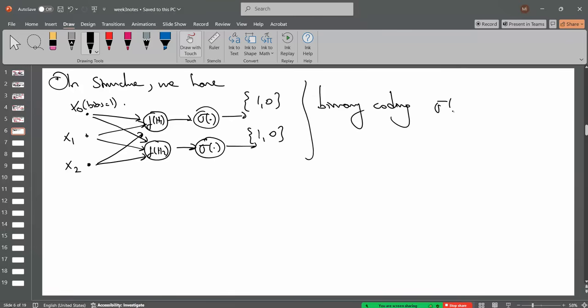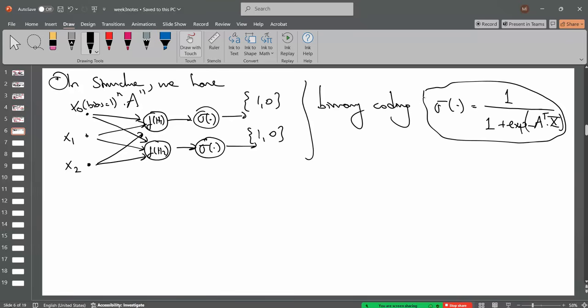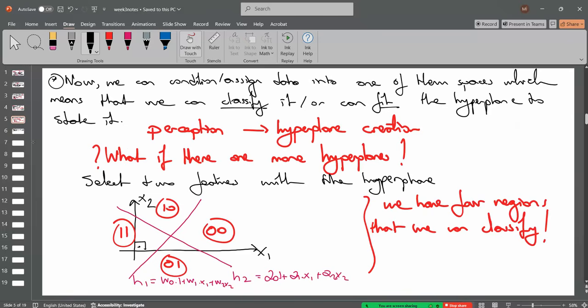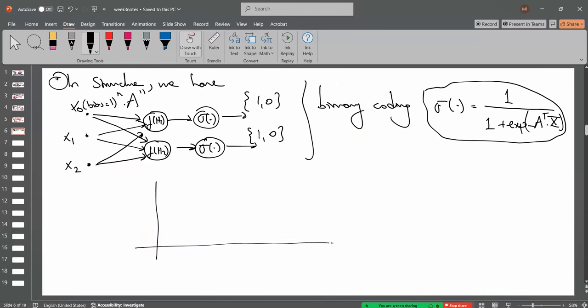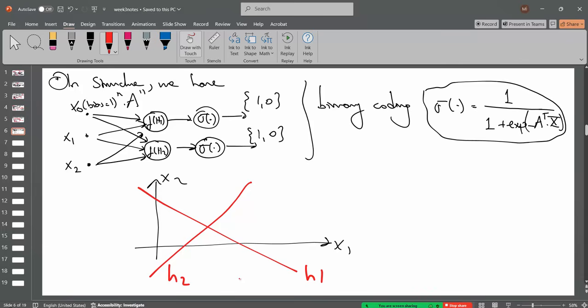And we can say that sigma is equal to 1 plus the exponential term, where the coefficients are written in the A matrix, minus A transpose X vector. So this is the physical representation of this geometrical shape, or we can draw this shape here: x1, x2, and we have 2 lines, this is h1, this is h2, and these are the hyperplanes.